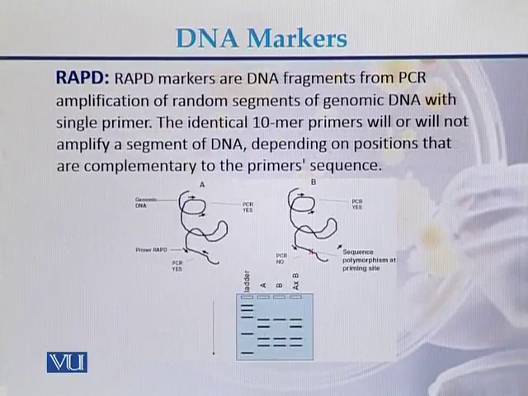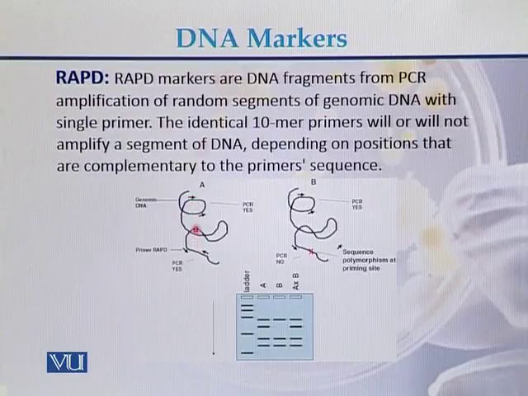On the other hand, RAPD is based on marker DNA fragments from PCR amplification of a random segment of genomic DNA with a single primer. In case of RAPD, usually a single primer is used. That single primer binds to the genomic DNA at the complementary sequence.